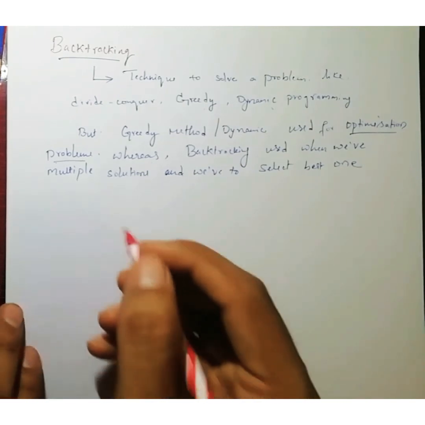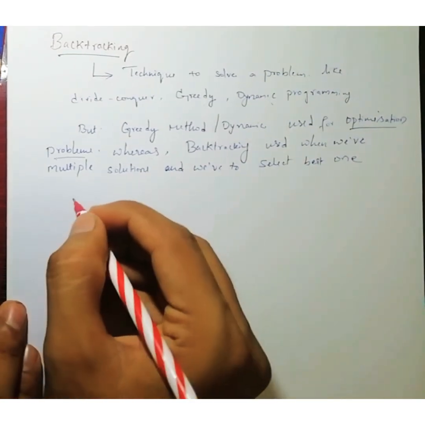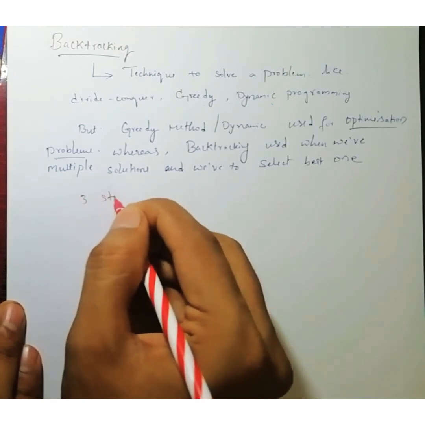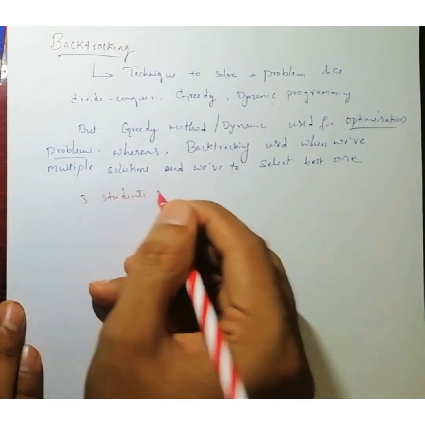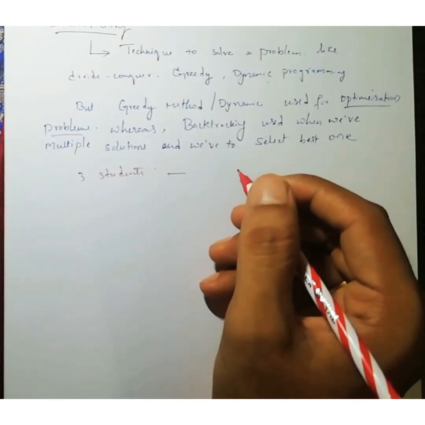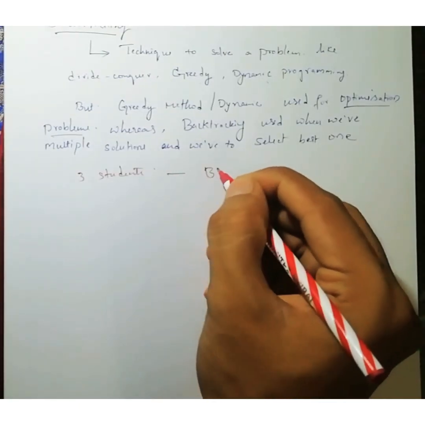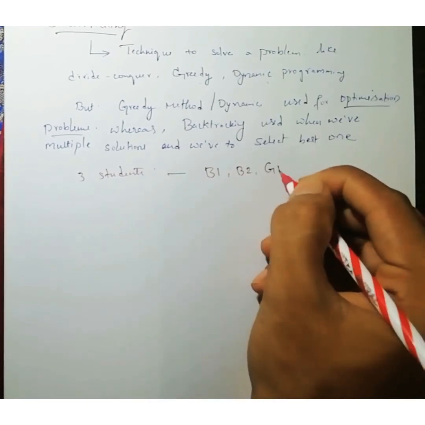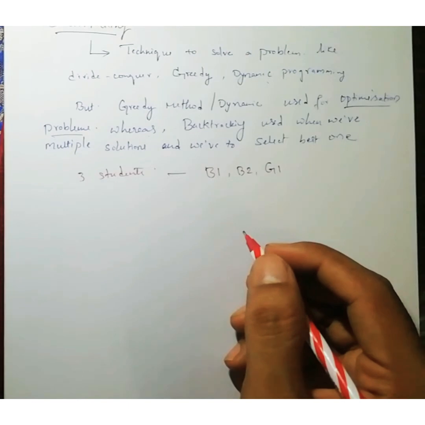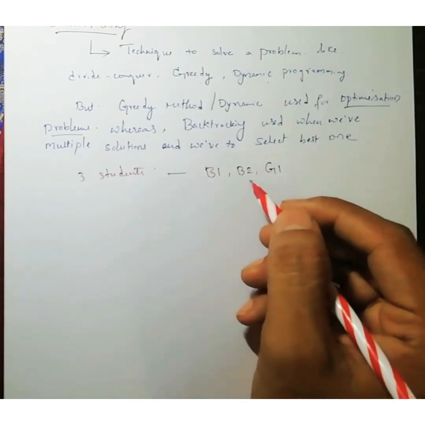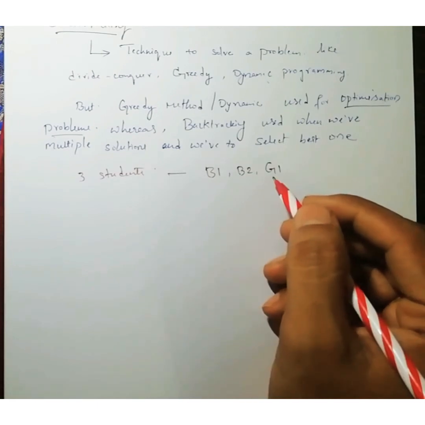Just take a classroom where we have 3 students: the first boy, the second boy and one girl. So 3 students, 2 boys and 1 girl, and we have to arrange these students.